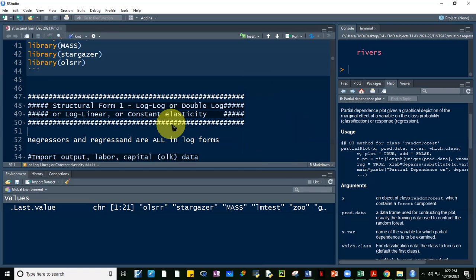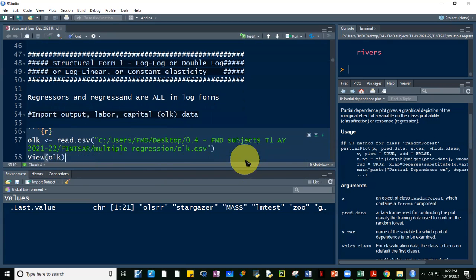In our context, when we say log, what we mean is log to the base e, that's ln, not the regular log where the base is 10. So in R, when you use log, the base is e, the exponential number.